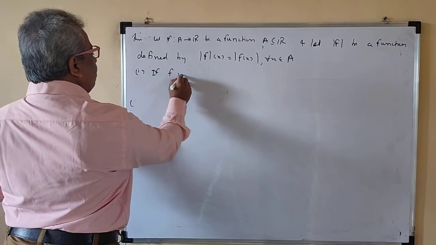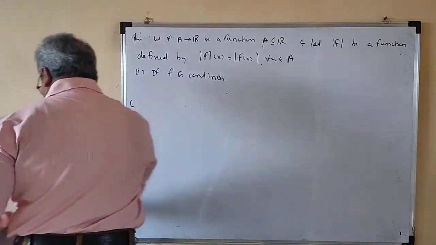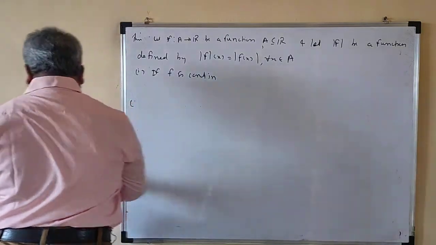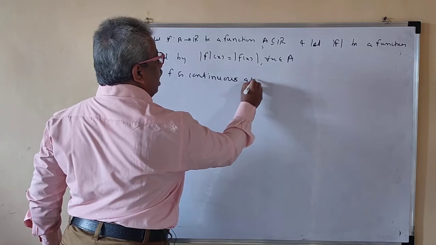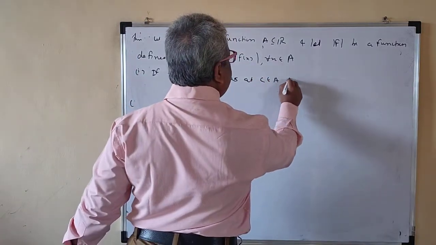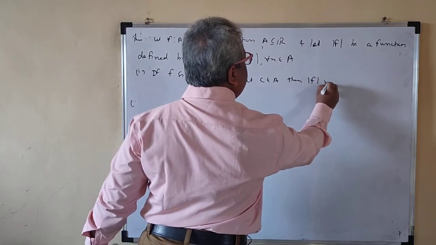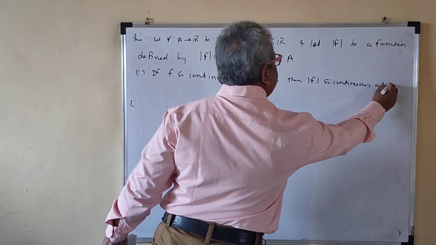Then, if f is continuous at c belonging to A, then mod f is continuous at c.